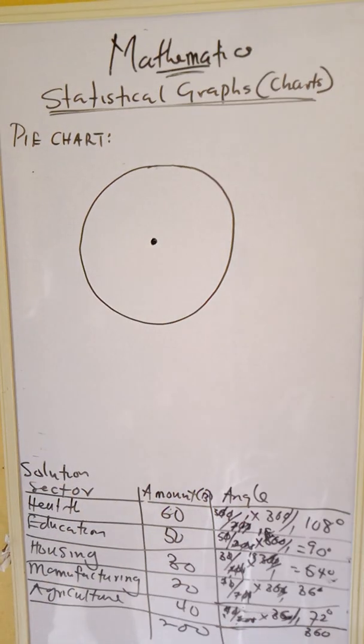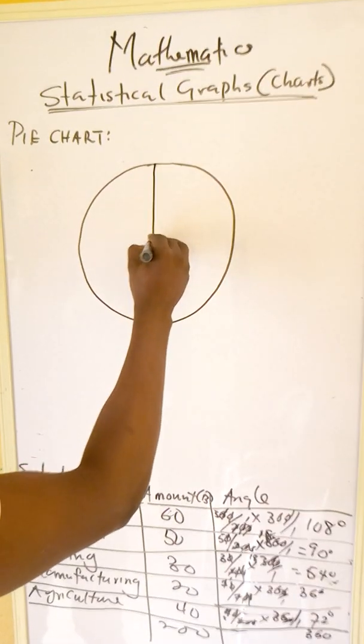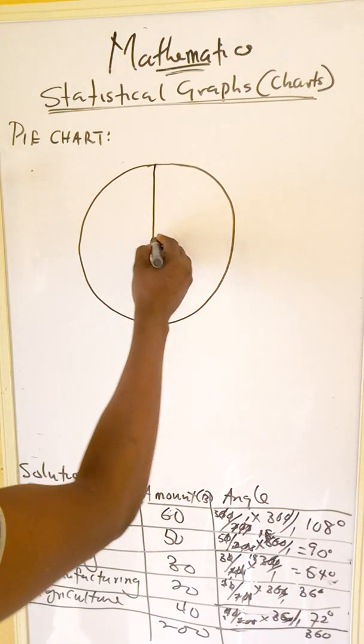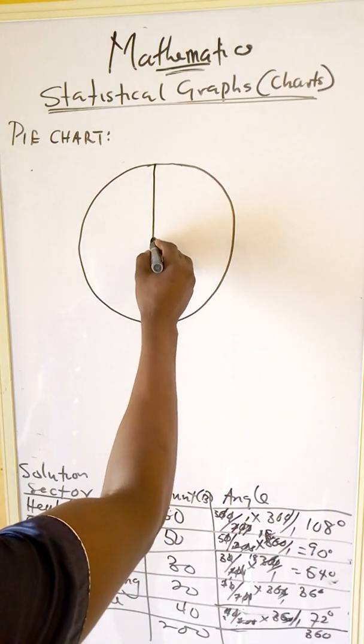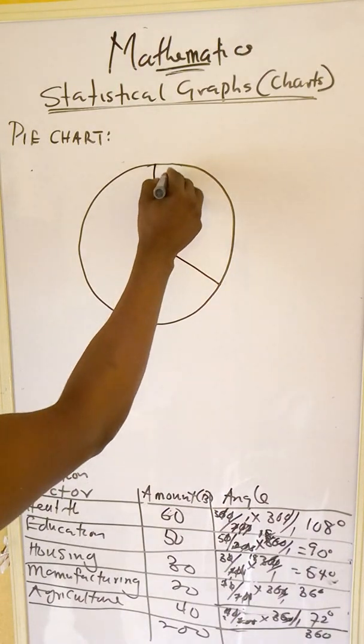You now begin to measure. The largest share is 108, which is health.